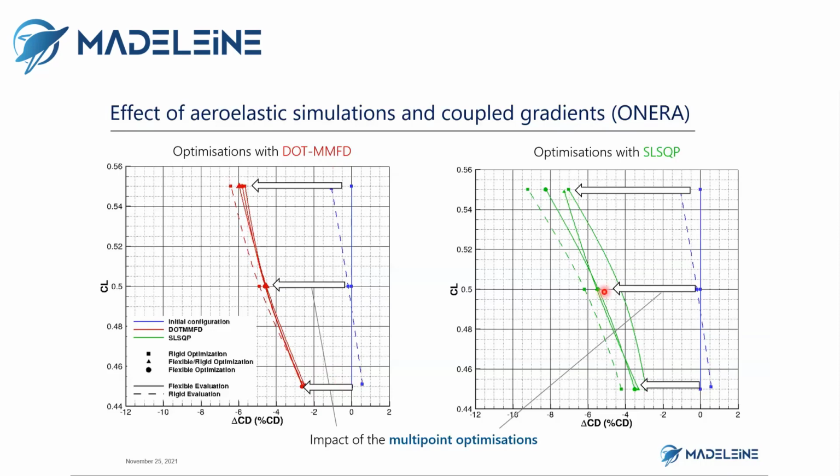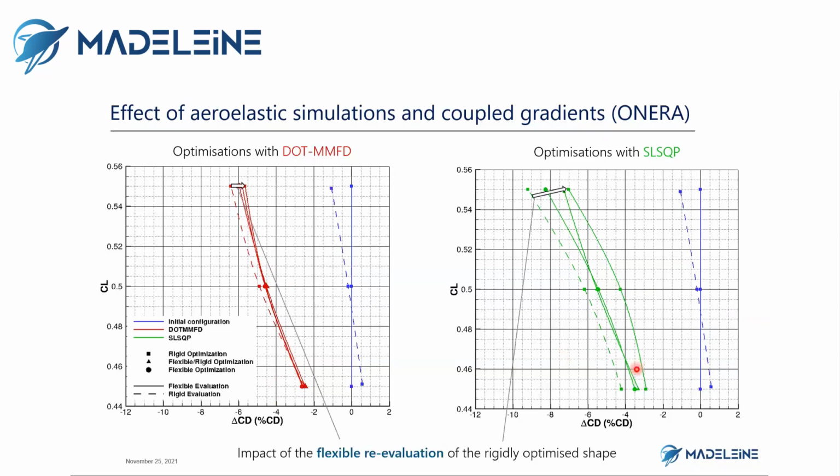And by doing a detailed post-processing analysis on the MMFD optimization in red, we observe that the optimizer mainly drives down the wave drag without touching the induced drag. So this means that at the end, the center of lift on the wing remains the same, and you do not experience large flexibility effects. On the contrary, SLSQP optimizes at the same time the wave drag and the induced drag. And this explains why we get a better improvement with SLSQP.